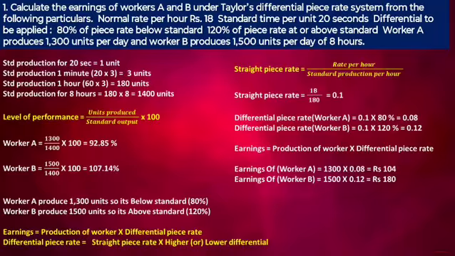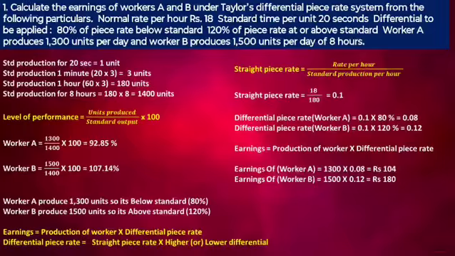Worker A, how many units has he produced? 1300 divided by 1400 into 100 is equal to 92.85%.